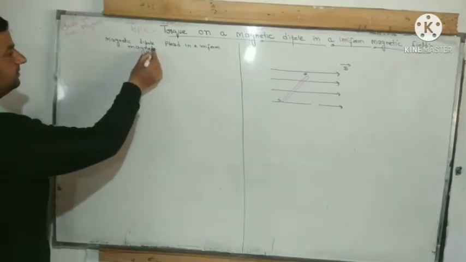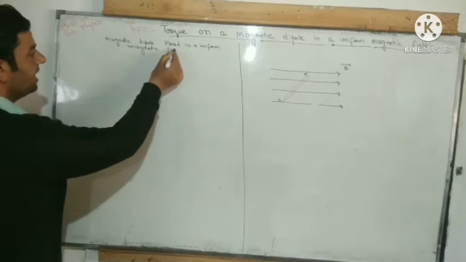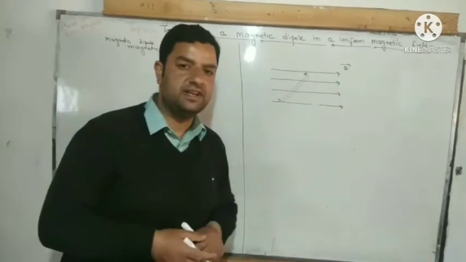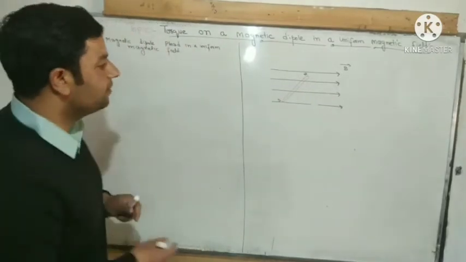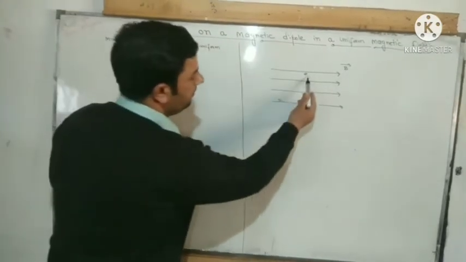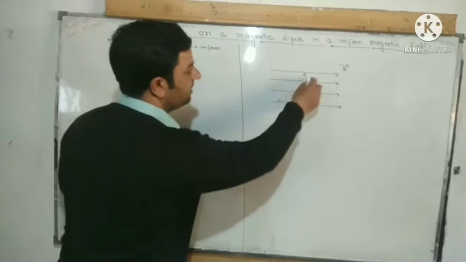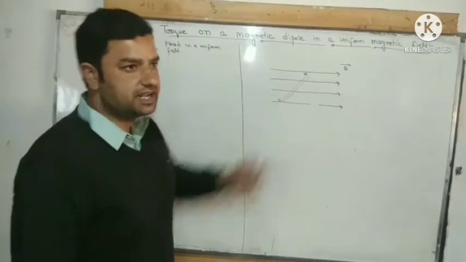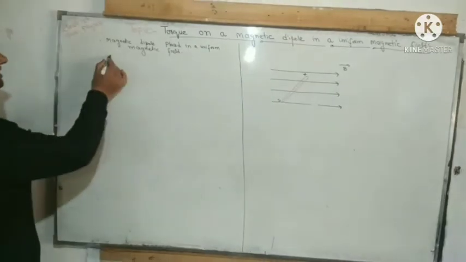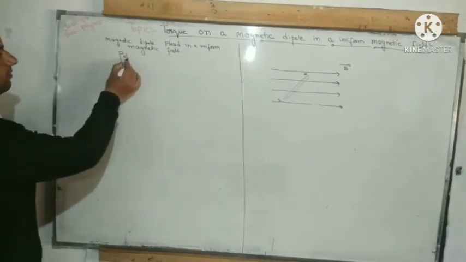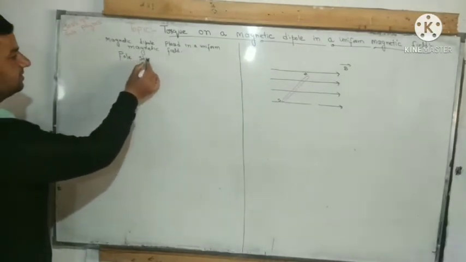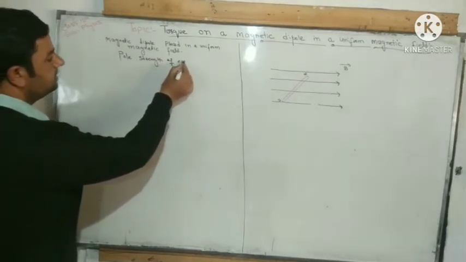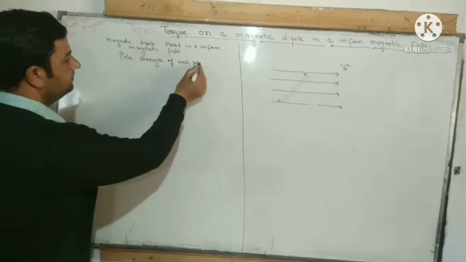Let us suppose the pole strength of the north pole and the pole strength of the south pole are each equal to m.